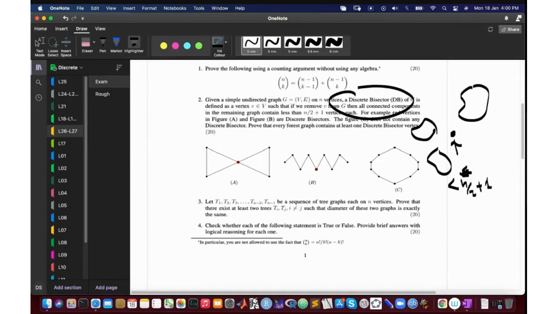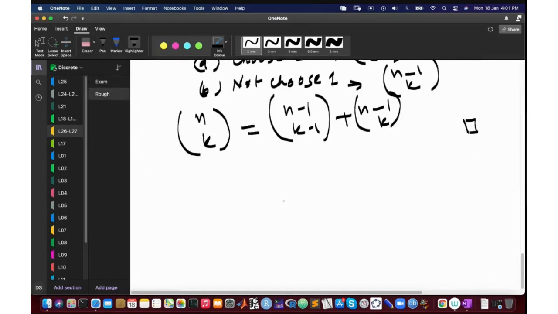Okay, and we need to show that every forest graph contains at least one discrete bisector. Okay, let's have a look.